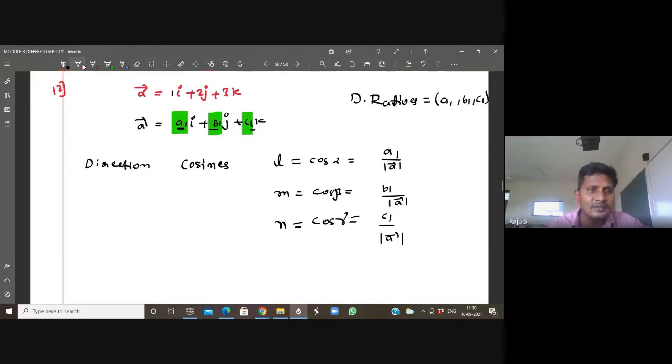So first, with the help of the given vector, we have to find the magnitude. Magnitude is nothing but the square root of a1 square plus b1 square plus c1 square.